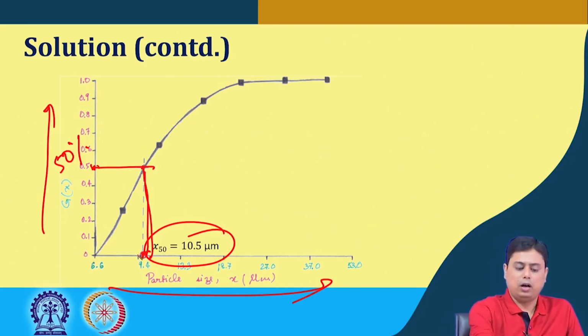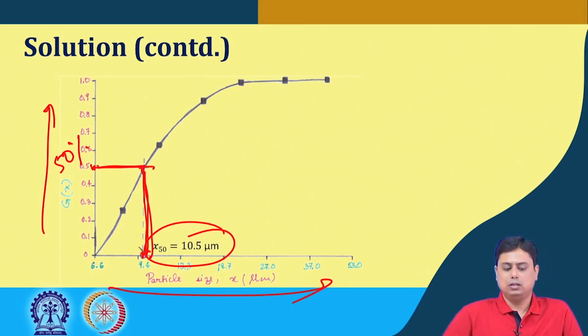So, we draw a horizontal line at 50% grade efficiency, and we find the x coordinate of the intersection between this grade curve and the 50% efficiency straight line, and we get the x50 as 10.5 micron. So, this is our equiprobable cut size.